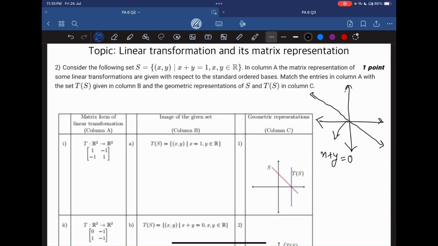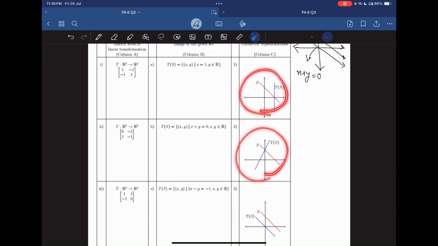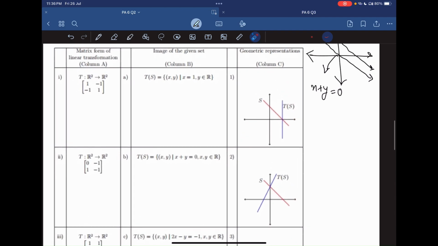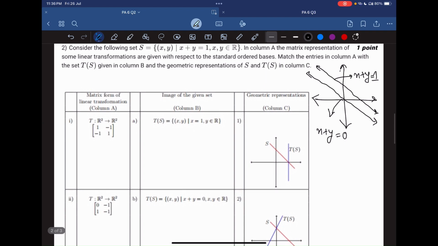So x plus y is equal to 1 would be the scaled version of this, so that would look something like this. So this is the line for x plus y is equal to 1, and that is pretty much the same everywhere in the third column. Now we have to find the image of each linear transformation given in column A.